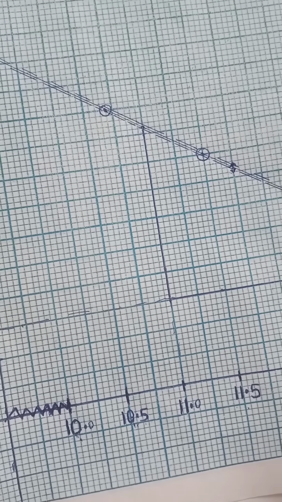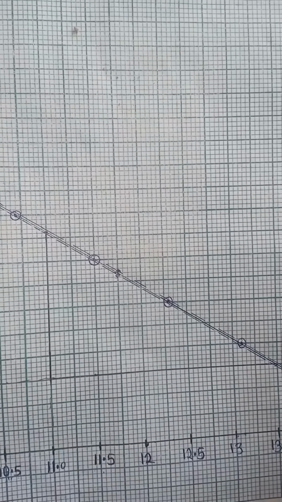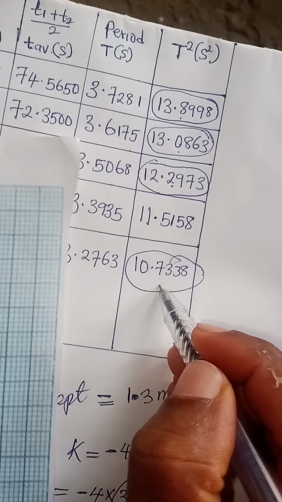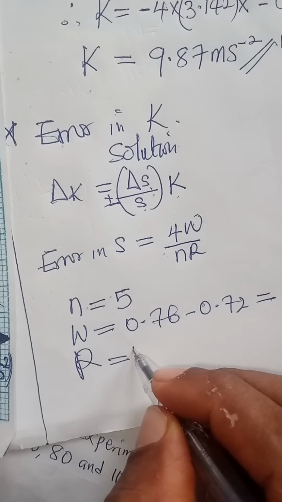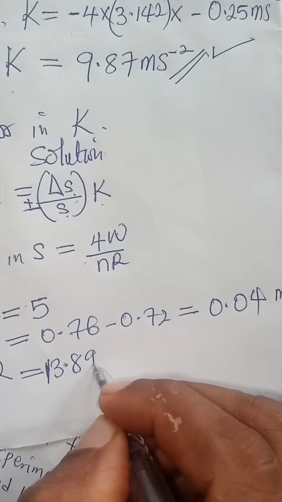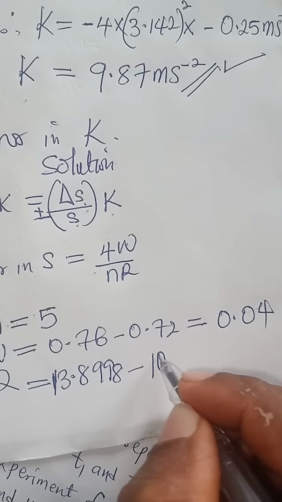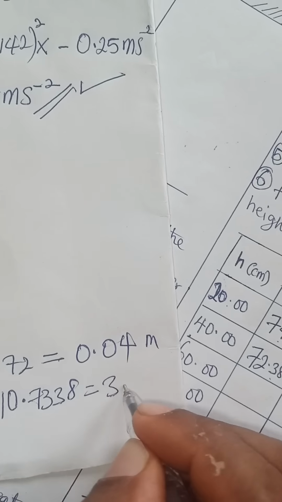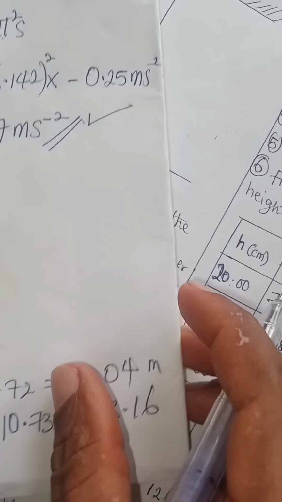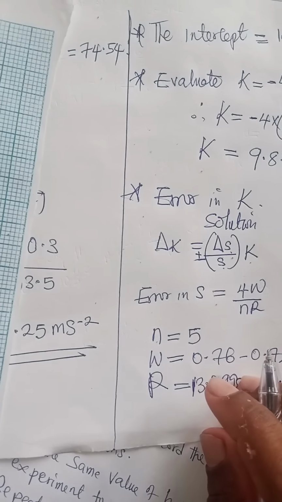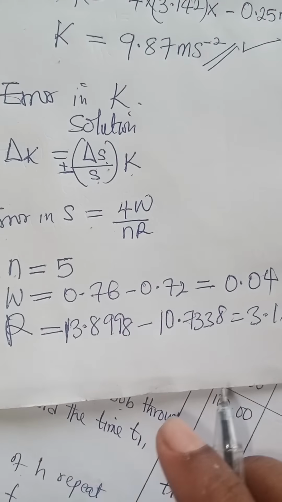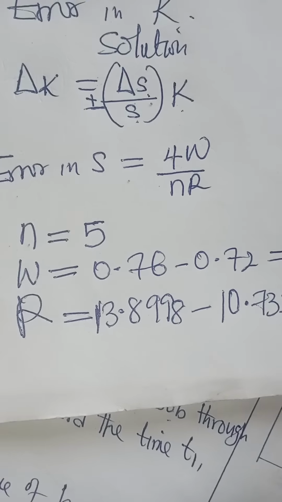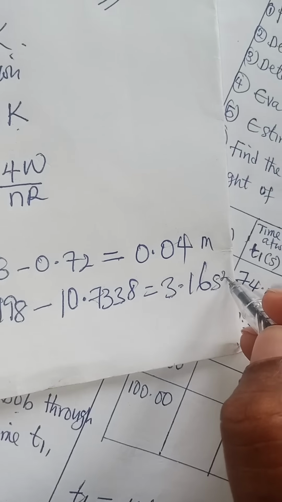But we can easily get it from the reading, which is the highest value minus the lowest value, which means that my range is 13.8998 minus 10.7338, which will give me 3.16. This is my range, and this is the unit.